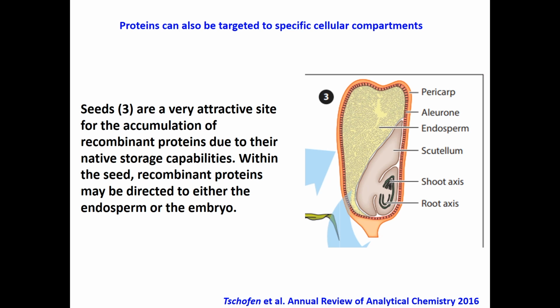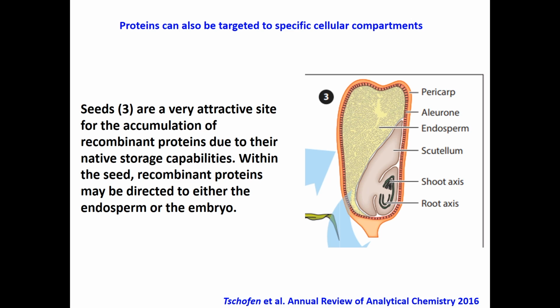If you take the seed as the sink where the protein can be targeted, you need to analyze which part of the seed you want to express in. You have the aleurone layer, the endosperm, the pericarp, and the scutellum; these are the 4 different tissues.